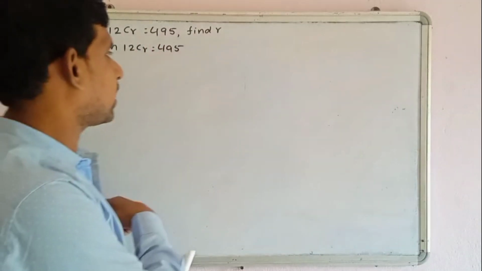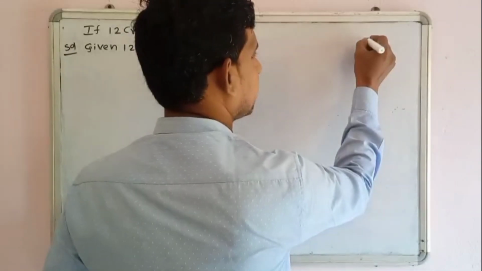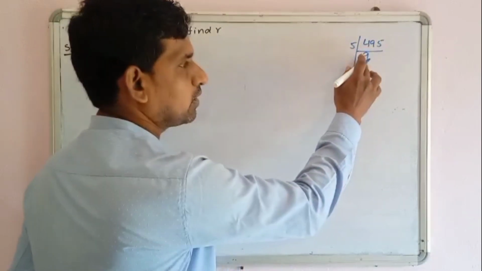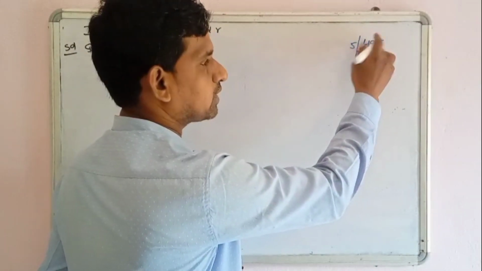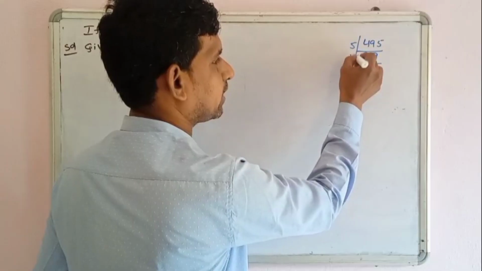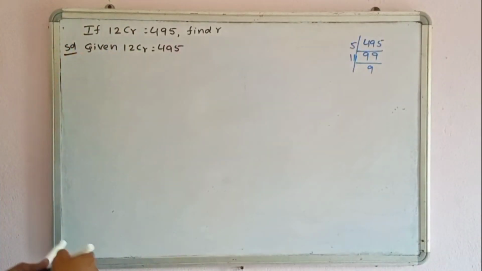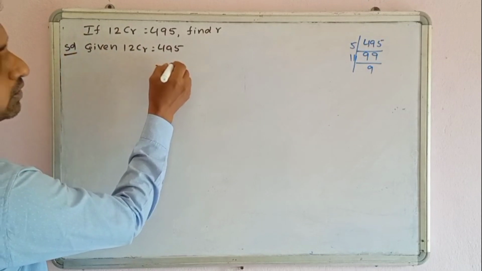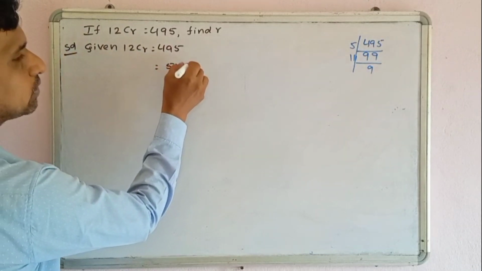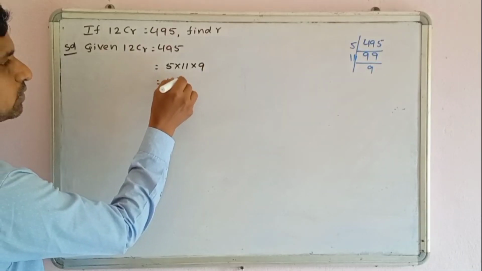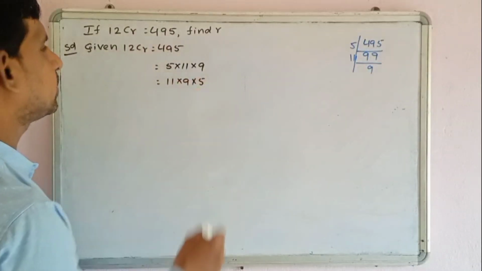Now see 495, the 5 table cancels. 5 nines are 45, 4 balance, again 5 nines. Now the 11 table, 11 nines. So 495 can be written as 5 into 11 into 9. Write in a proper order: 11 into 9 into 5.